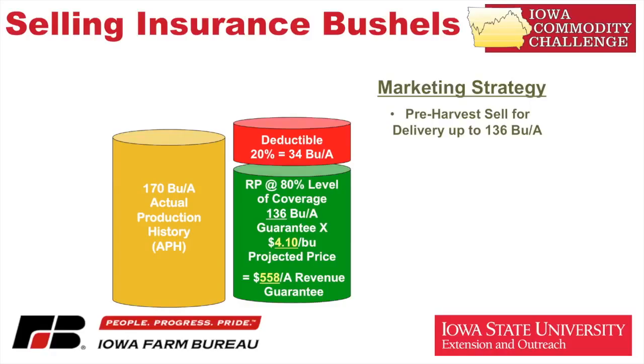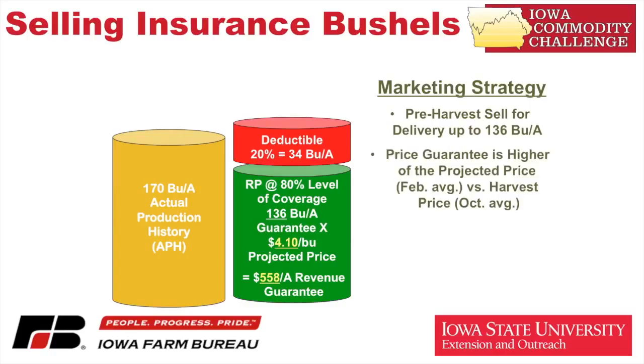You say, well, what if the prices rally once I've already marketed those bushels? Well, revenue protection uses two price guarantees: the higher of the projected price, the February average for December corn futures, or the October average.